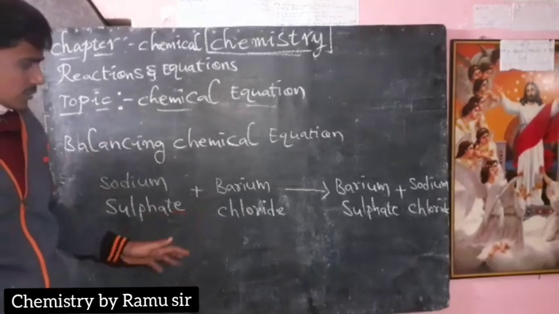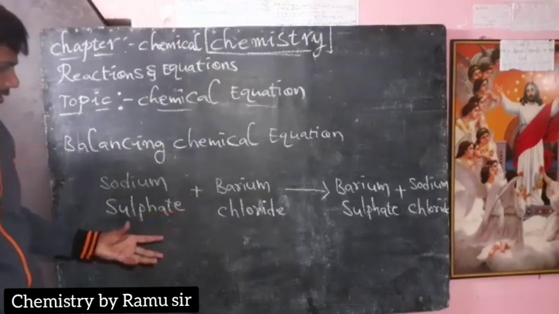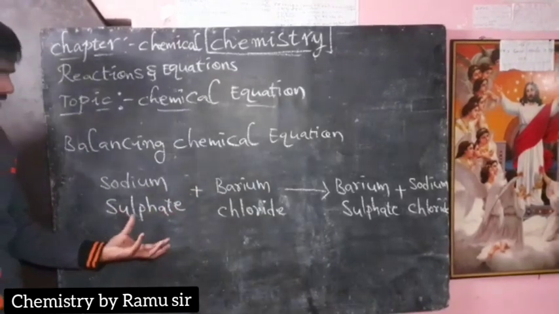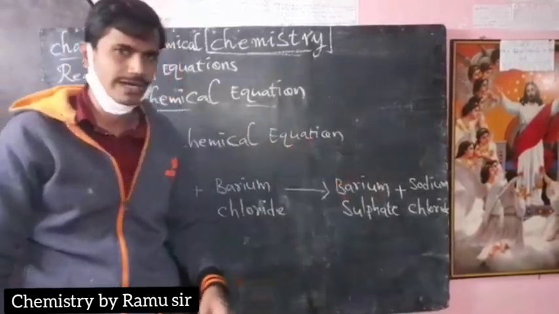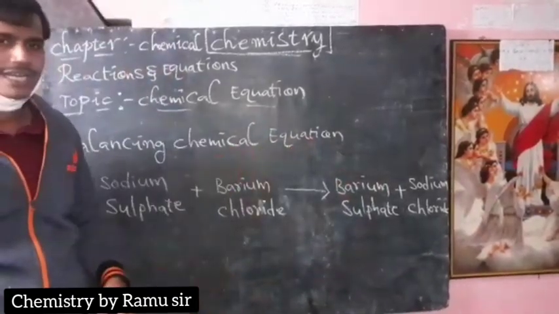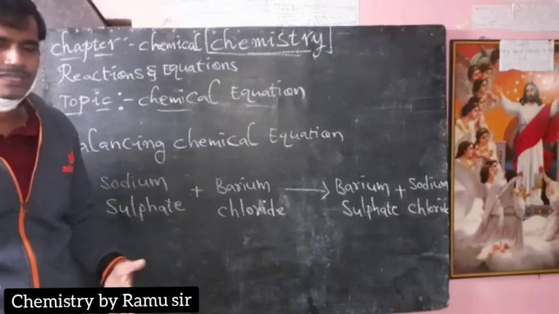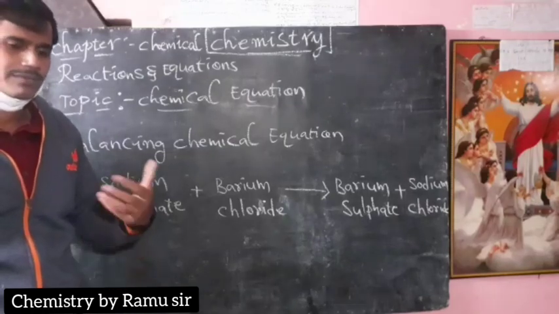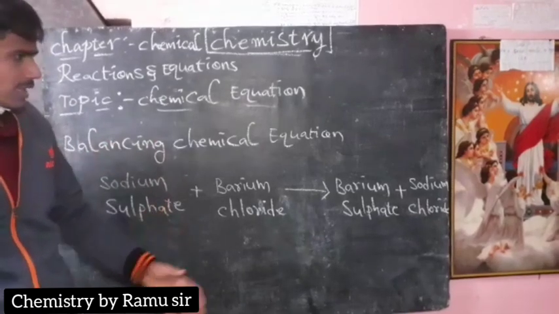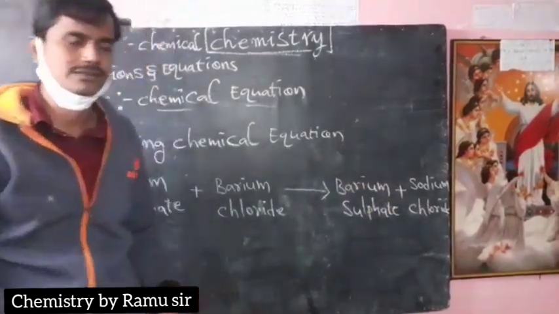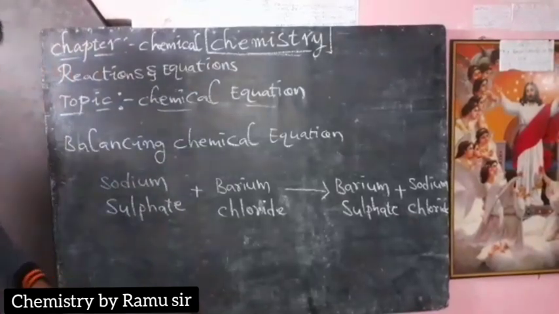After a chemical reaction takes place between these two reactants, new products are obtained, that is barium sulfate and sodium chloride. We call those products. Products are new substances formed after a chemical reaction.